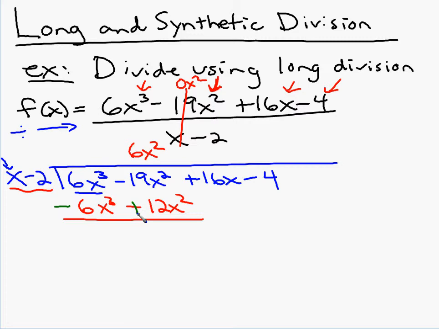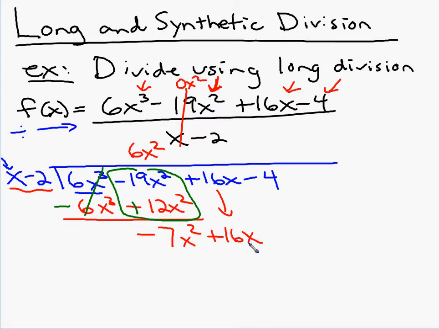So obviously, if you do this correctly, these two should go away. And then I just combine these two. Negative 19 plus 12 is negative 7x squared. And then I bring down the next term, the plus 16x.